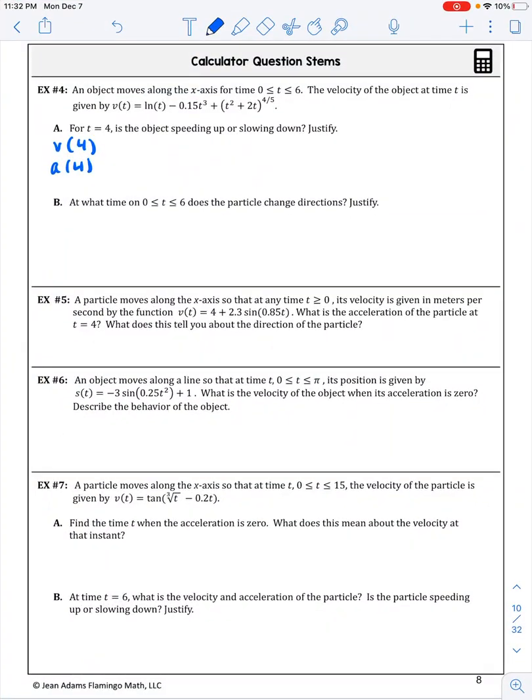And so we'll go back here and we'll say that this one was 4.497 and this one was negative 2.713.